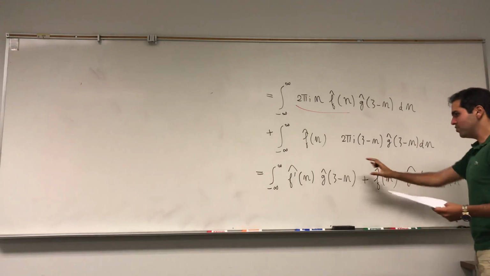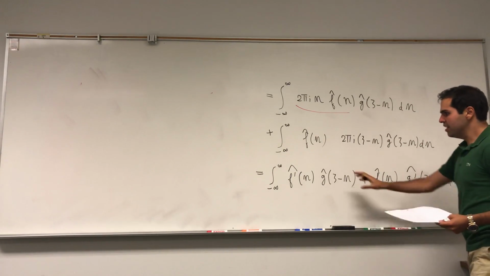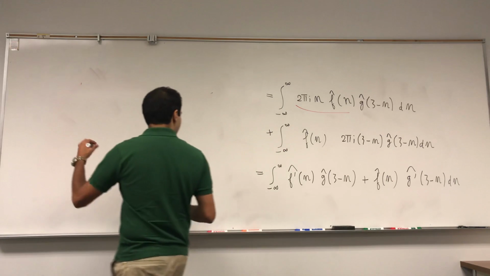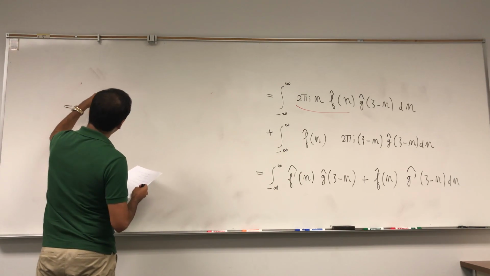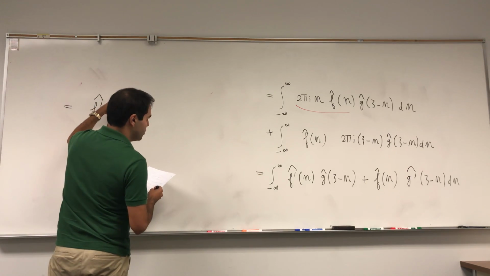And the question is, what are all those things? So this is f prime hat convolved with g hat.